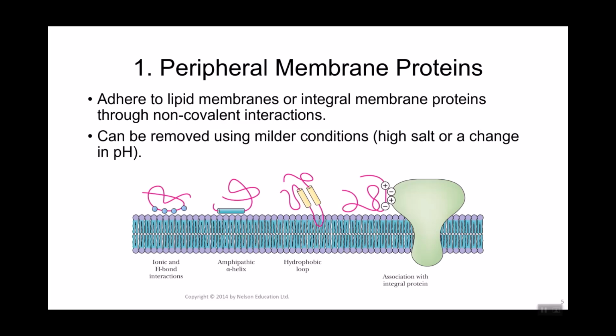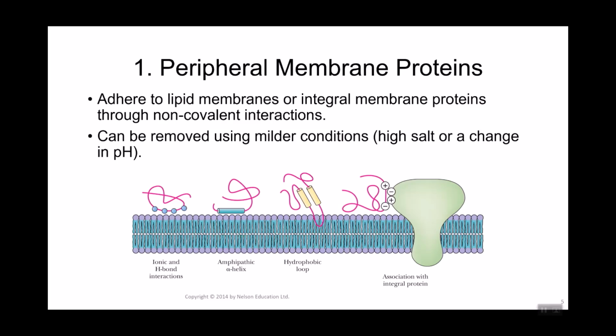So there could be individual amino acid side chains that are, say, positively charged, like lysine or arginine, that will interact with those negatively charged lipid head groups that we saw. And you can also see hydrogen bonding holding the protein to the membrane. Or in the second example, you can have an amphipathic helix where one face is hydrophobic and interacts with the membrane.